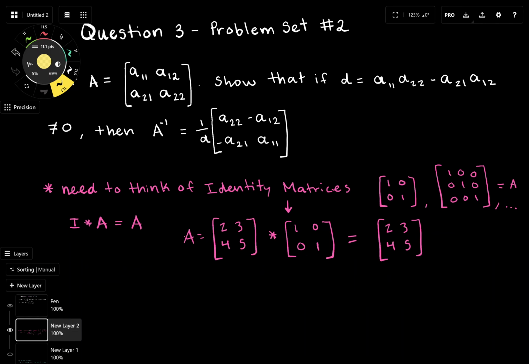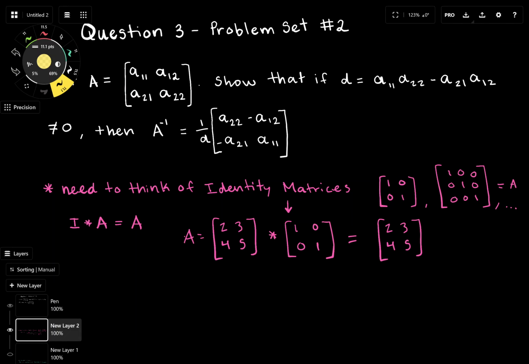A simple example for A over here: if we had a matrix A, 2, 3, 4, and 5, times an identity matrix, which is 1, 0, 0, 1, that would still equal the same matrix as before.